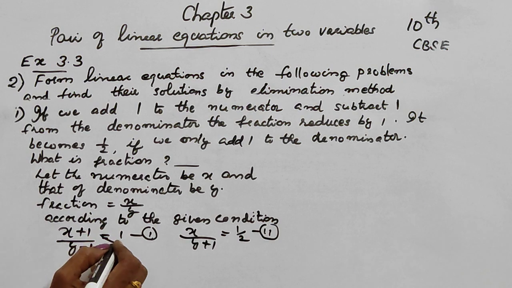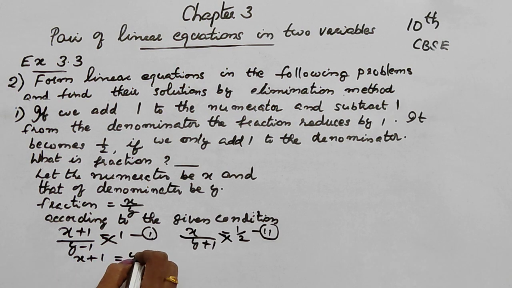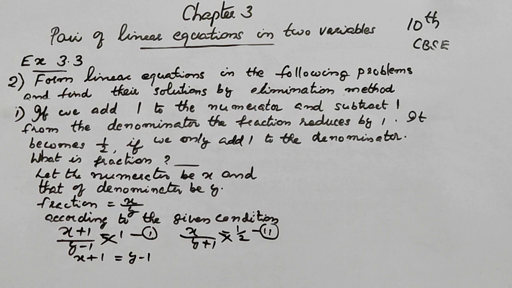Now cross multiplication for both the equations. x plus 1 equals y minus 1. You can arrange this: bring y to this side and plus 1 to the other side.